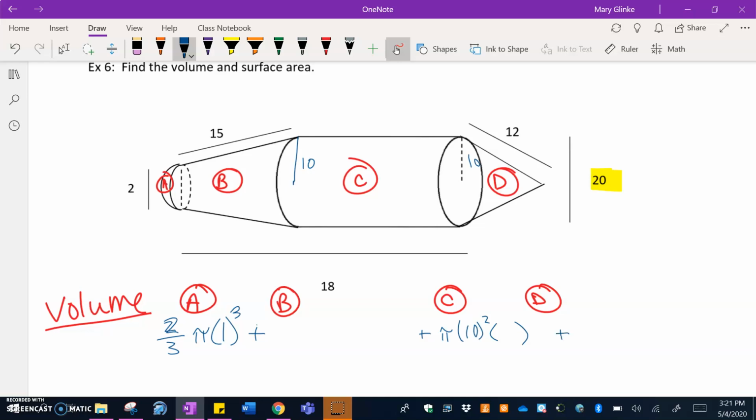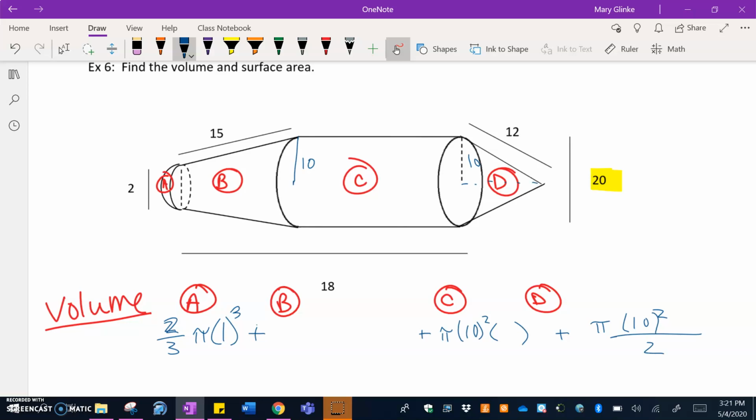And then part D here, we want the volume of that cone, so we're going to use pi r squared h divided by 3. So our radius here is 10. And we also need to find the height of our cone. And so this one's not going to be too bad. We can use the Pythagorean Theorem here.